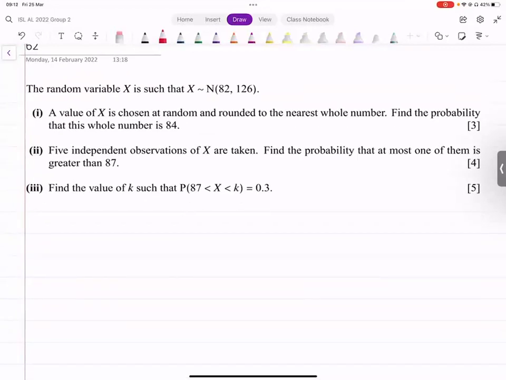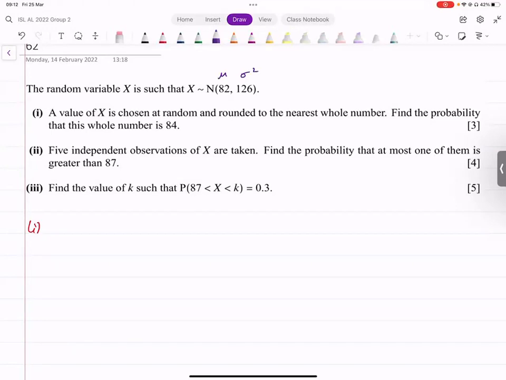The random variable x is such that x is normally distributed. Now remember this notation. What does it mean? This is mu 82, 126. Is that standard deviation? Variance. 126, that's variance, right? So that's sigma square.